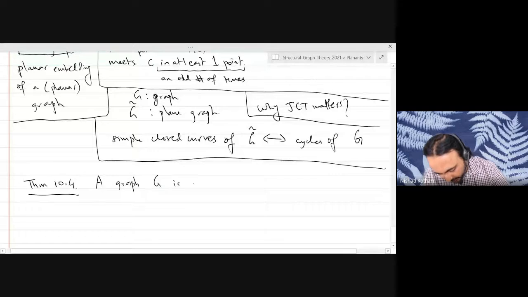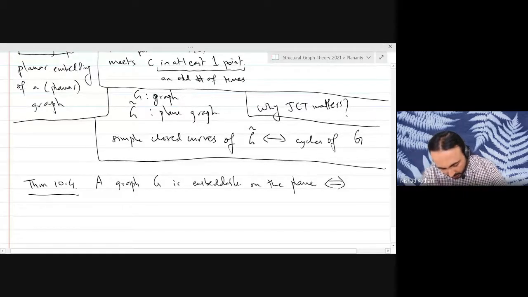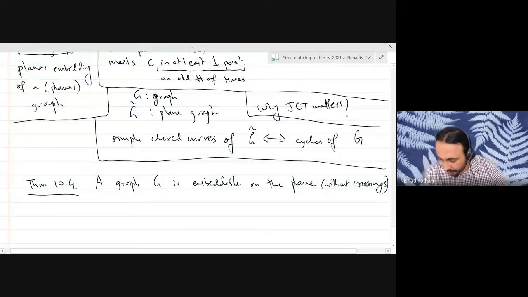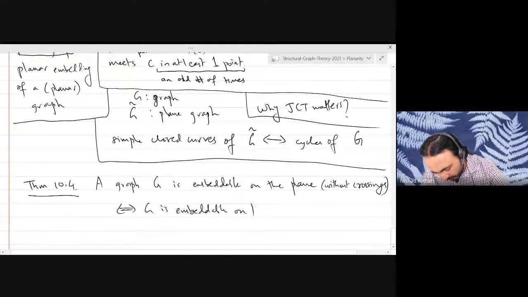A graph G is embeddable on the plane if and only if, I think what I mean by embeddable on the plane is without crossings as a planar graph, if and only if G is embeddable on the sphere.